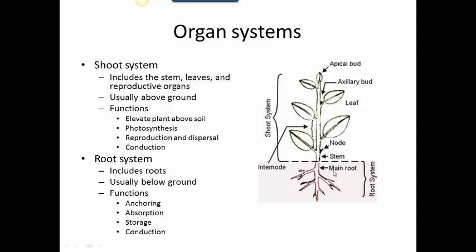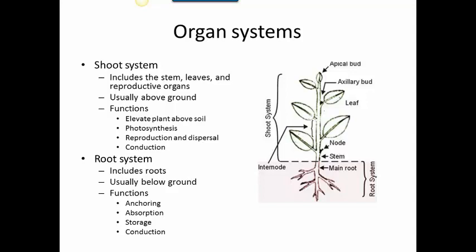The shoot system is everything that's shown in green up here. It's going to include the stems, the leaves, and the reproductive organs. We'll talk more about plant reproductive organs in the future. The shoot system is usually above ground, although not always. There are some examples of stems and reproductive organs that are found underground, but it's generally above ground.